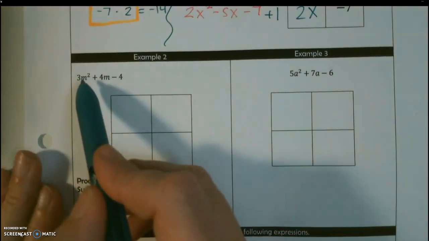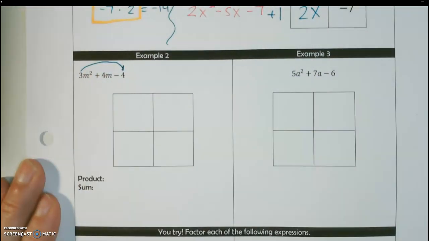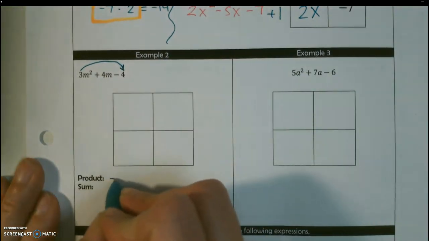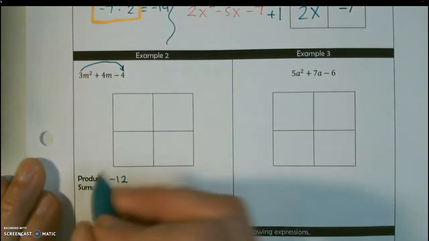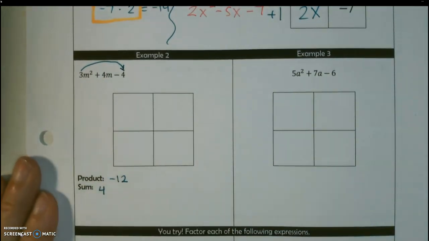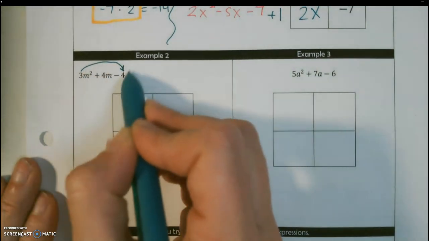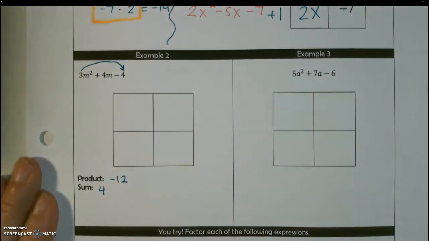All right, remember, when the leading coefficient is something other than 1, we are going to multiply it to the back. So we want to find out what multiplies to give us -12, but adds to give us the middle term. Again, multiply that to the back. It's what multiplies to give you the last number, but adds to give you the middle number.